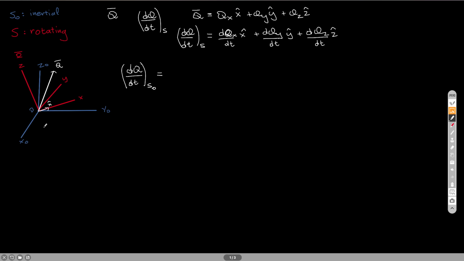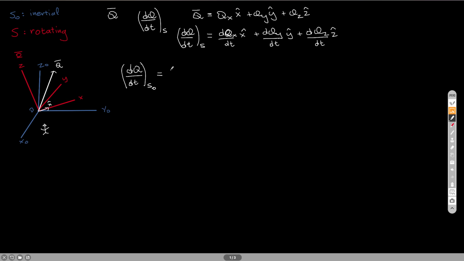But if, on the other hand, you are the observer using your inertial frame of reference, and you're looking at x hat, the unit vector of the rotating frame of reference, then as the x-axis is rotating, of course the unit vector x hat will also rotate, right? For the observer on the inertial frame of reference, since the x-axis is rotating, the x hat unit vector associated with this axis will also be rotating.